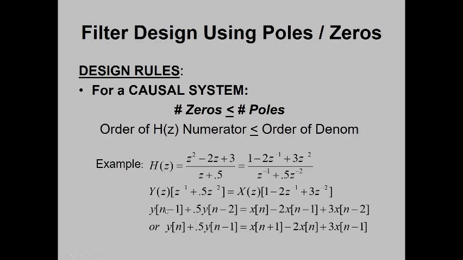Now, typically, I don't want to write a difference equation in terms of y of n minus 1, but y of n. So let's advance everything by one step. And I have a difference equation y of n plus 1/2 y of n minus 1 equals x of n plus 1. That's a non-causal system. And that will happen anytime I have more zeros than I have poles.